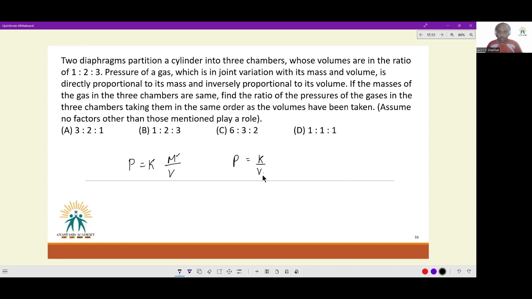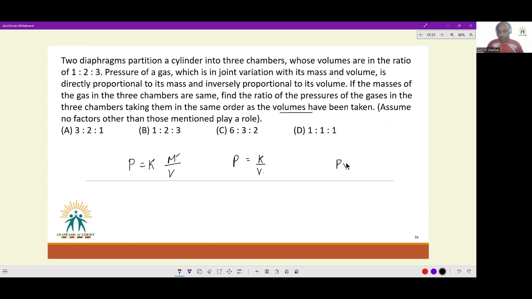Okay. If the masses of the gas in the 3 chambers are same, find the ratio of the pressures of the gases in the 3 chambers, taking them in the same order as the volumes have been taken. Assume that no other factors other than those mentioned play a role. Okay. This is essentially a theoretical question.